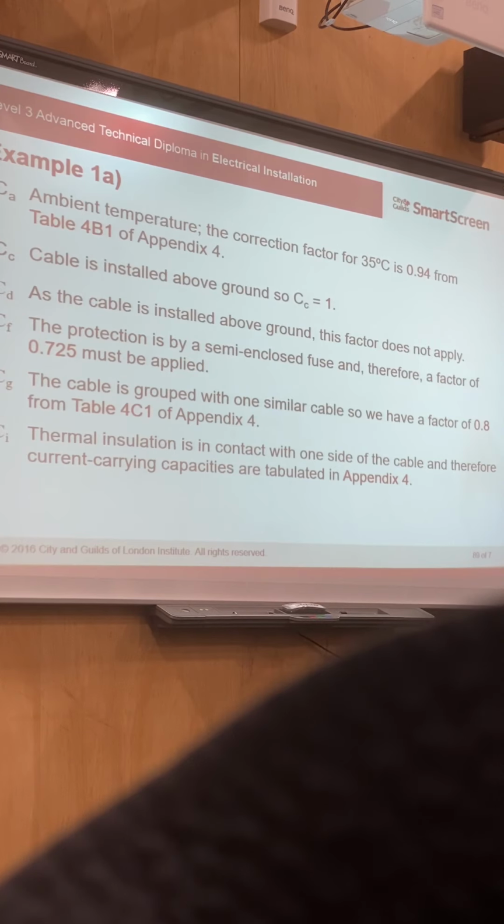Okay, and then the last thing it said about was thermal insulation, which is looking at regulation 523.9, which you will find on page 143, and the table we need is actually on 144.